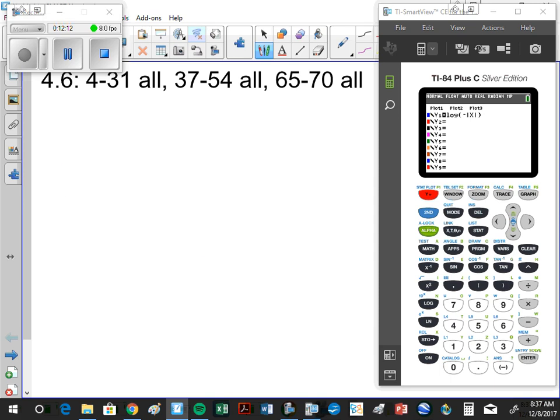What if I had this? 3 minus 4i times 6 minus 2i. How would you multiply those together? Any idea? You would use the box, exactly.